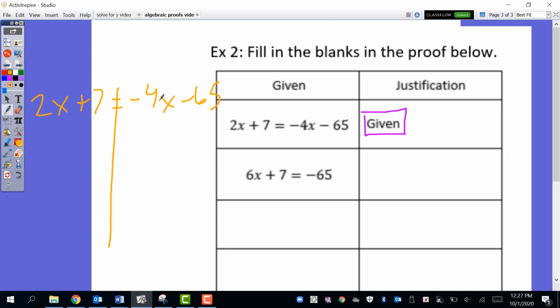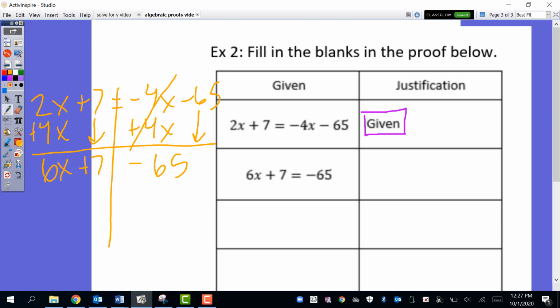How did they move the negative 4x over here? I see the x's ended up on the left hand side. Well, they did plus 4x. Plus 4x. 4x canceled out. Negative 65 is left. Positive 7 is here. 2 plus 4 is 6x. And if you look, this right here is what they wrote here.